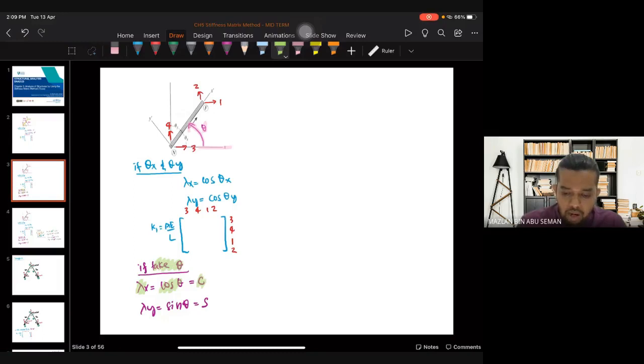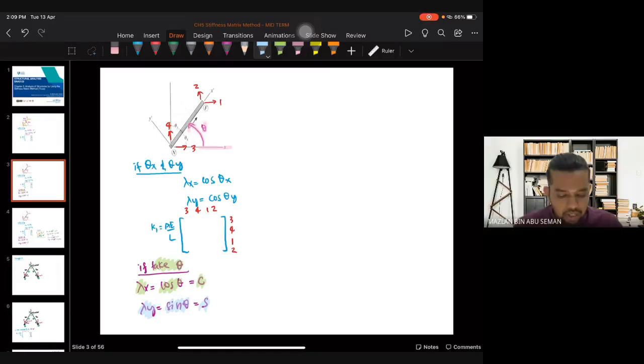Then lambda Y is sin theta, or we can write it as S. When you refer online, sometimes they use S, sometimes lambdas, M, L and so on, but the principle is still the same. So is it clear, cos theta and sin theta?